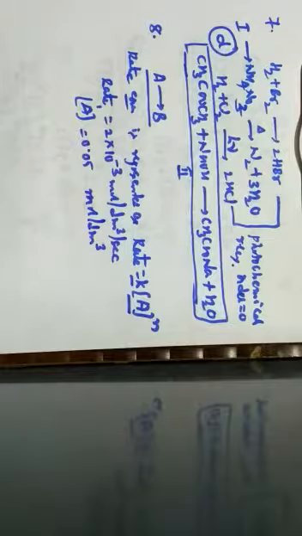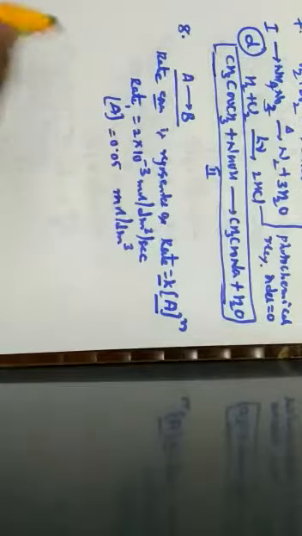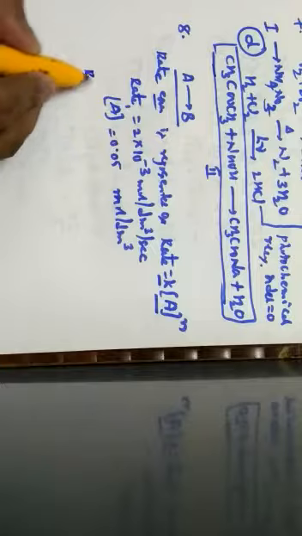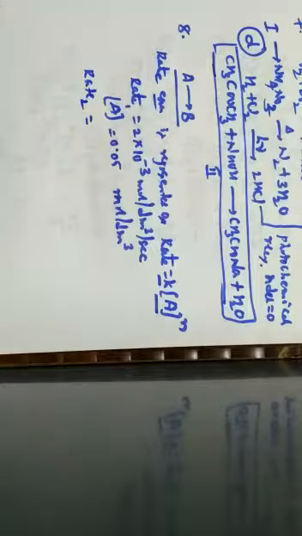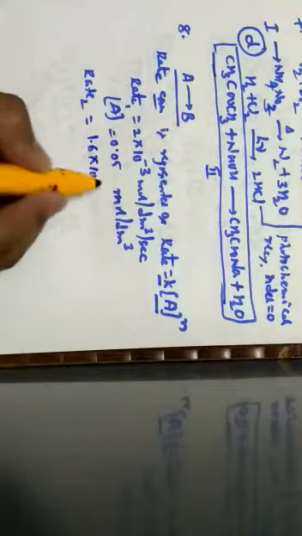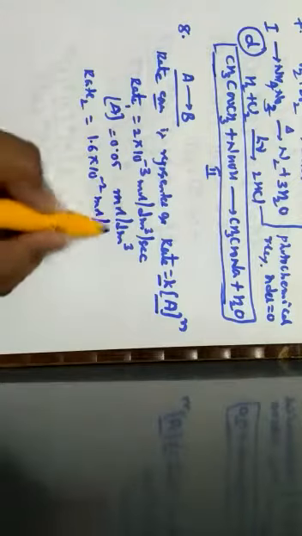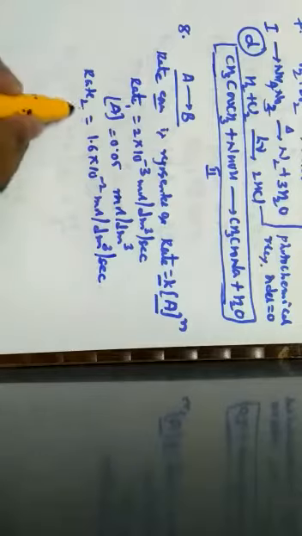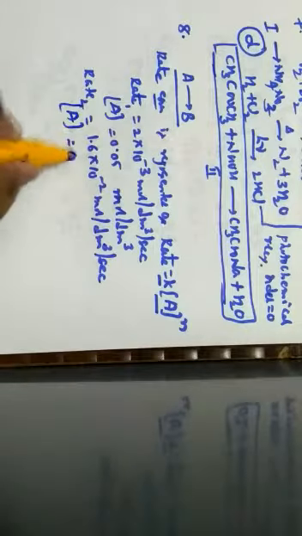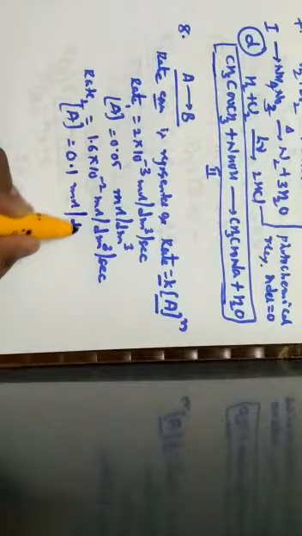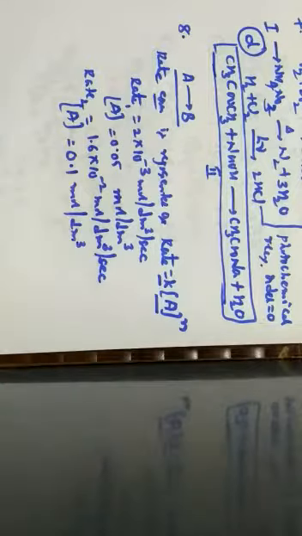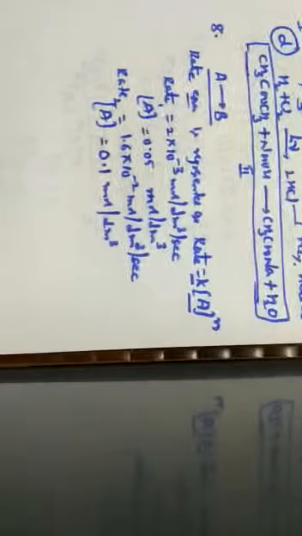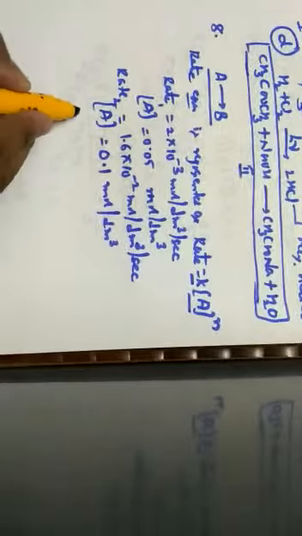The second rate they have mentioned as 1.6 into 10 to the power of minus 2 mole per dm cube per second, with the concentration of A as 0.1 mole per dm cube. By considering all these data, these rate equations can be represented as follows.